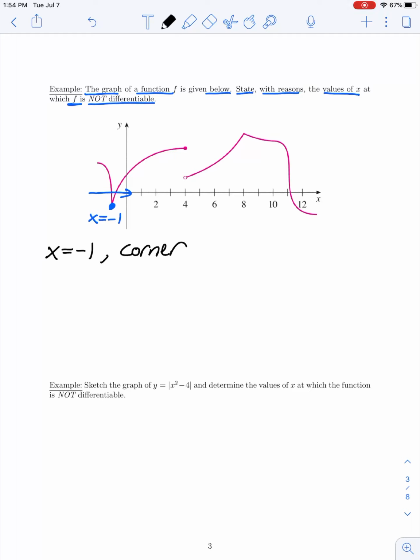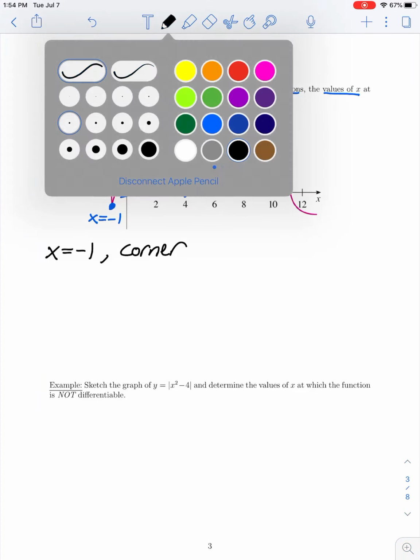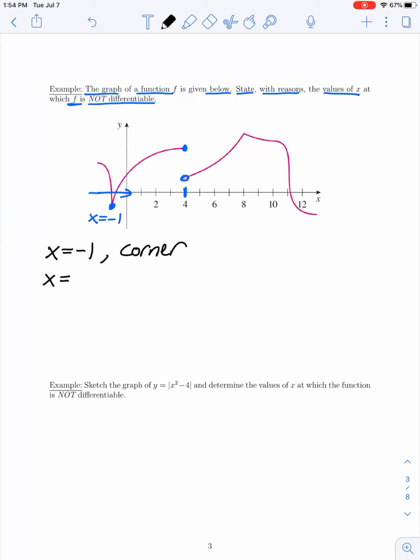Now, as we continue to move from left to right along our x-axis, everything looks good until we approach the value 4. We see at x equals 4, our function has a discontinuity. It makes a jump in its definition. Therefore, our function is not differentiable at x equals 4 because it has this discontinuity.